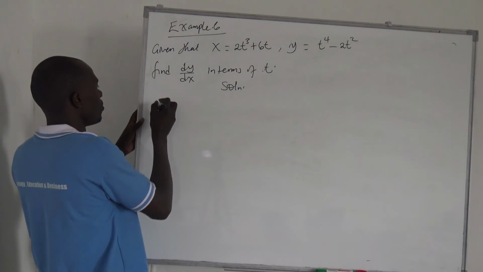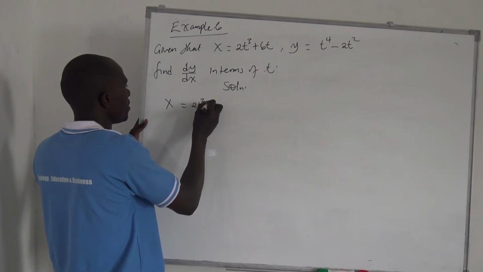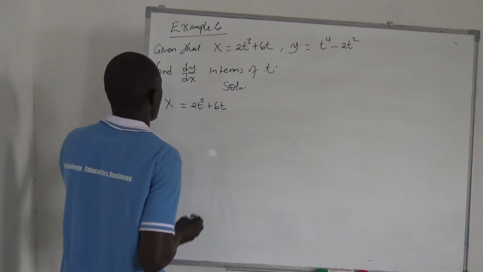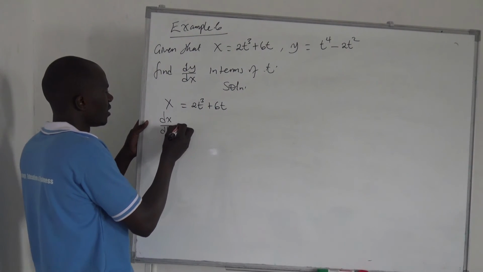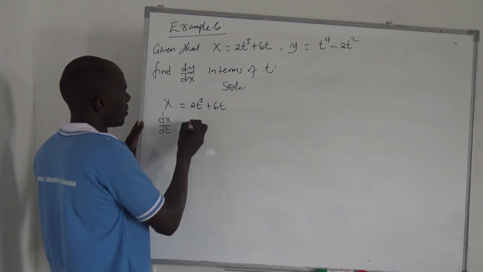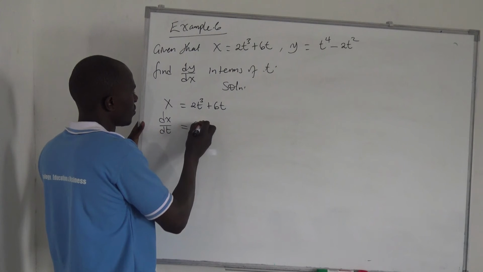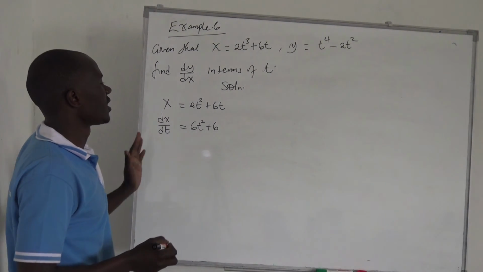So what we're going to do, we have got x equals 2t cubed plus 6t. Can we look at the dx/dt? We're differentiating this one with respect to t. What do we get? We are getting 6t squared plus 6. So this is our dx/dt.